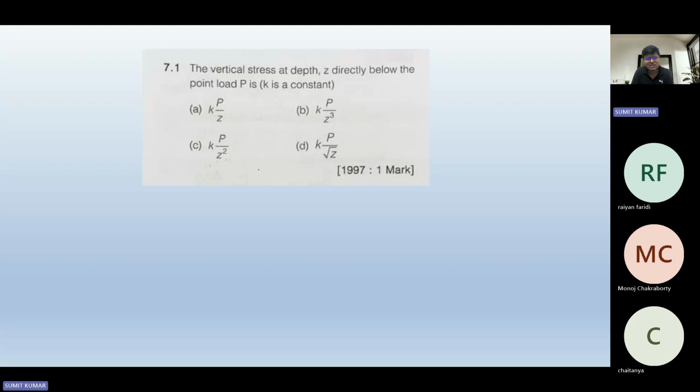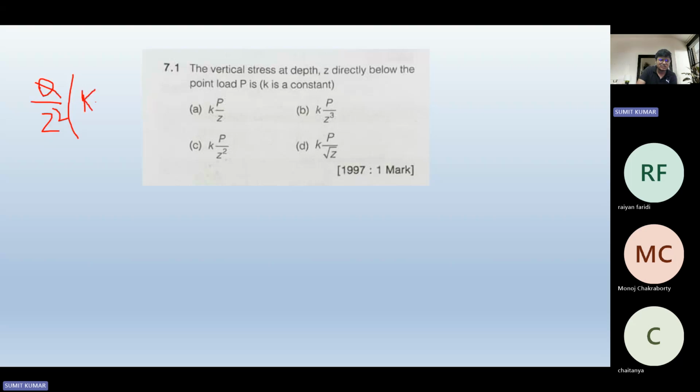Over here, the question asks: the vertical stress at depth Z directly below the point P, the K value is? Okay, so if you remember, I have said that q equals K into P by Z square. From the Boussinesq equation, it is Q by Z square into the other term 3 by 2 pi into 1 by 1 plus r square by z square whole power 5 by 2.